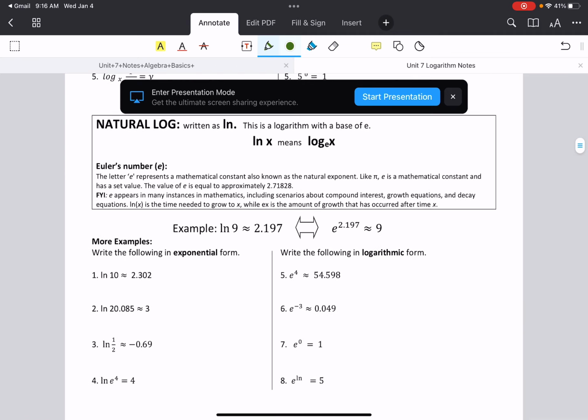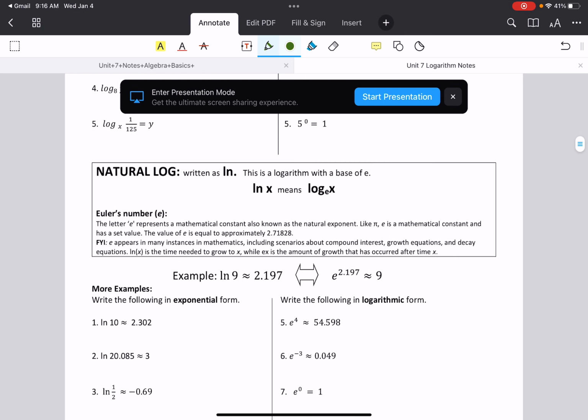Okay. Now, there's actually 2 special logarithms. The other one is known as the natural log, okay? We have different types of numbers in math. We have numbers called rational numbers, like 2/3, right? Numbers that can be written as a fraction. We have like integers, right? You guys have heard these words before, right? Then we have irrational numbers. Irrational numbers are the ones that go on forever with no pattern, right?